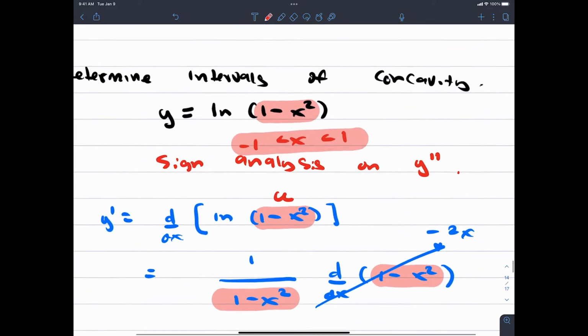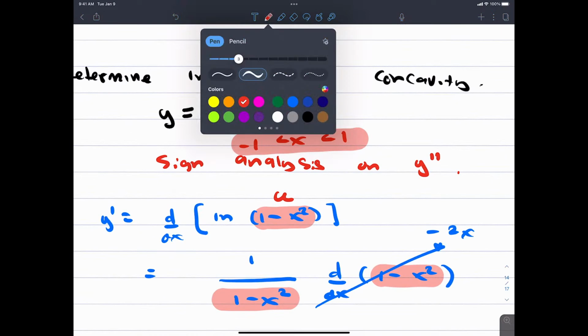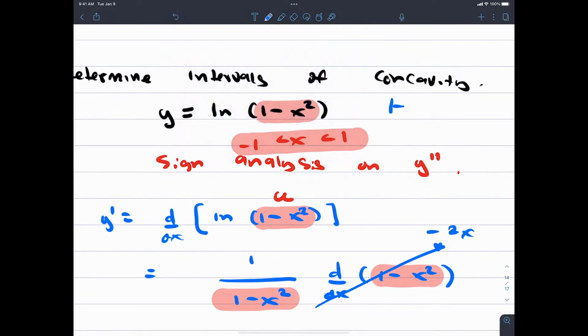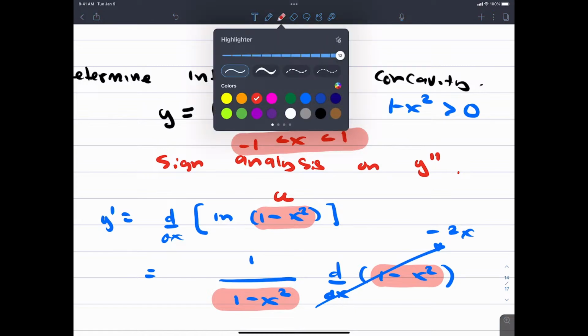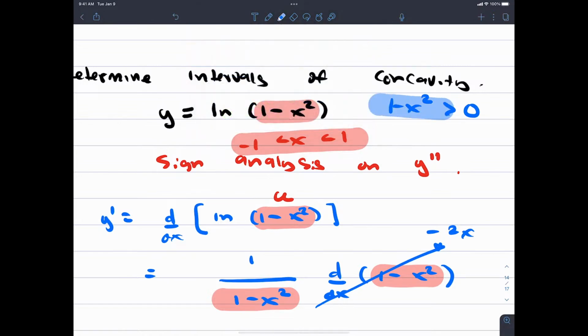Well, doesn't this input, 1 minus x squared, have to be greater than 0? Is that true? That portion needs to be greater than 0 for the natural log function to be defined, that input.